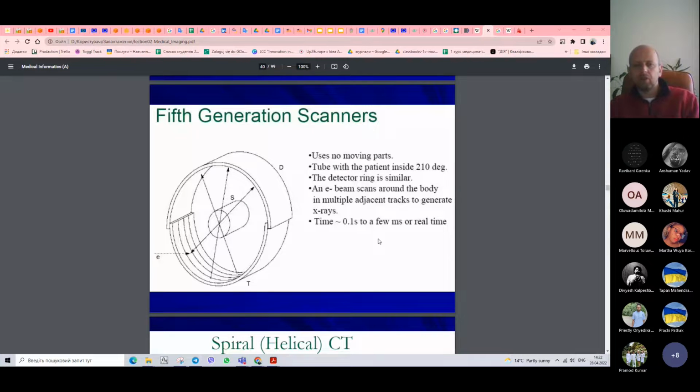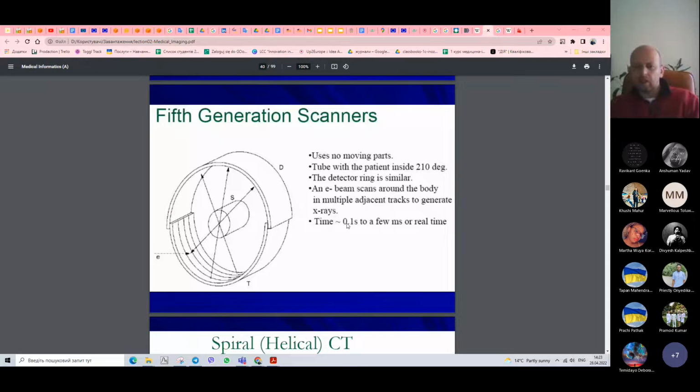For example, the 5th generation of scanner uses no moving parts, and surrounds the patient inside to 110 degrees. The detector ring is similar, and a beam scans around the body in multiple adjacent tracks to generate X-rays.